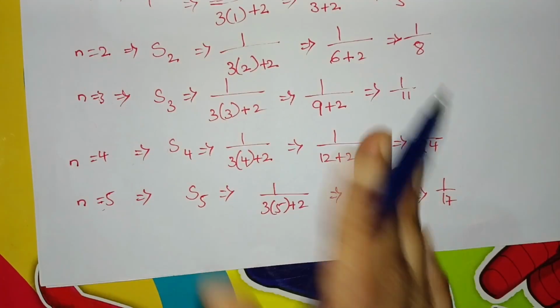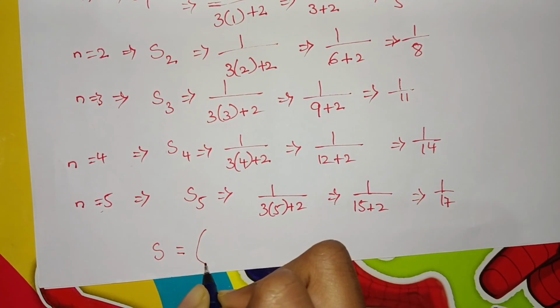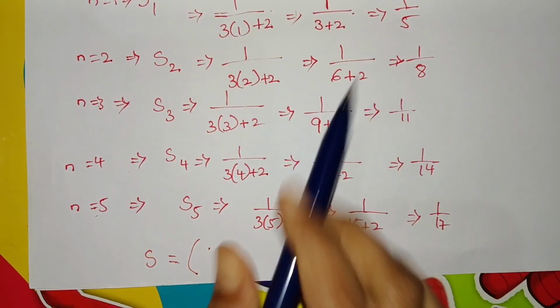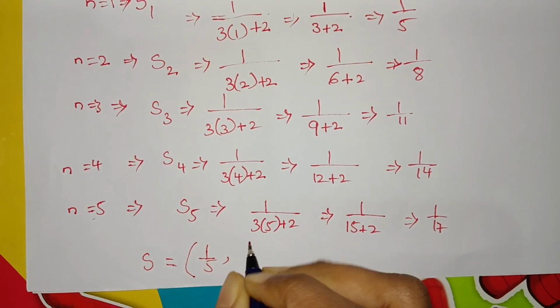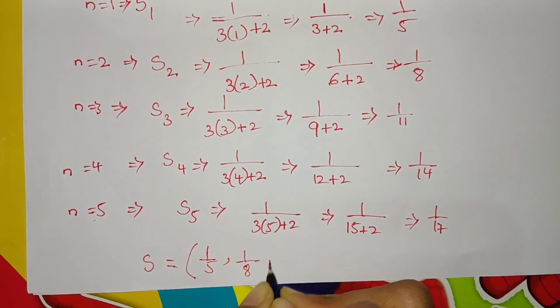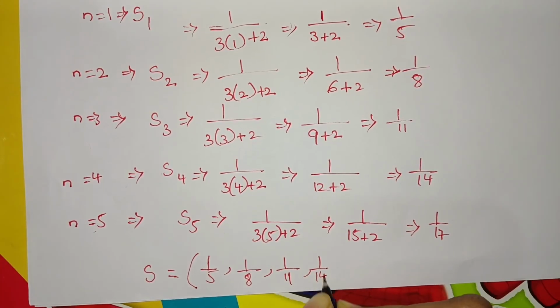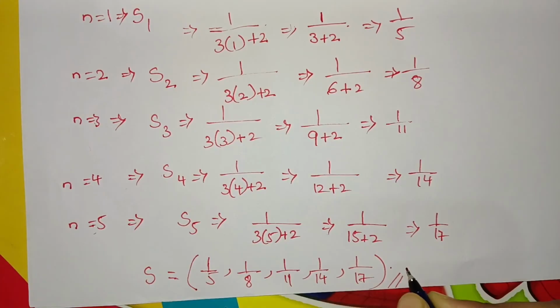So the answer is the open bracket, 1 by 5, comma, 1 by 8, 1 by 11, 1 by 14, comma, 1 by 17, and close bracket. This is the final answer.